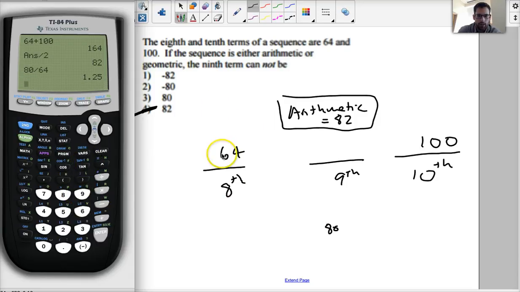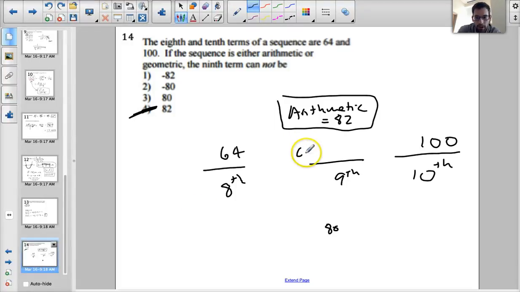So I'm doing 64 times 1.25, which gives me 80, and then I'm multiplying that by 1.25, which would give me 100. So I know that if it's geometric, it could be 80, because this would have a common ratio of 1.25.